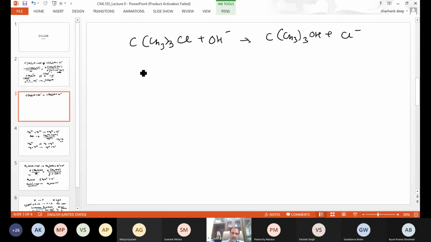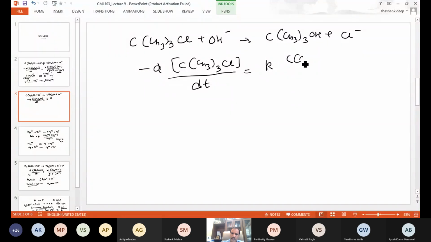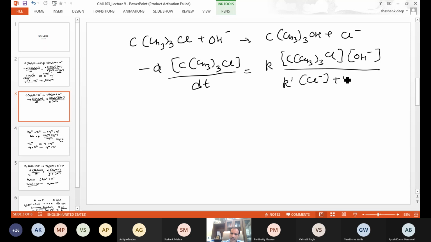Rate is minus d[(CH3)3CCl]/dt is equal to k[(CH3)3CCl][OH minus] divided by k dash [Cl minus] plus k double dash [OH minus].